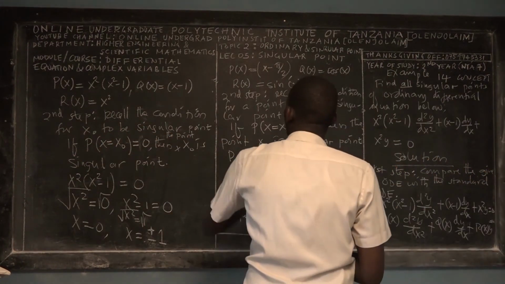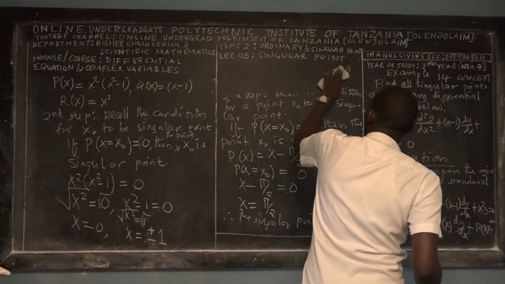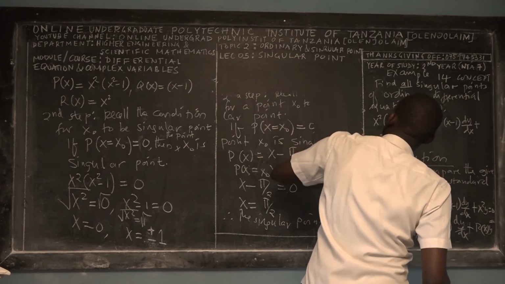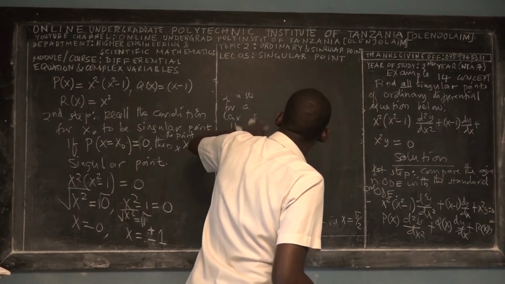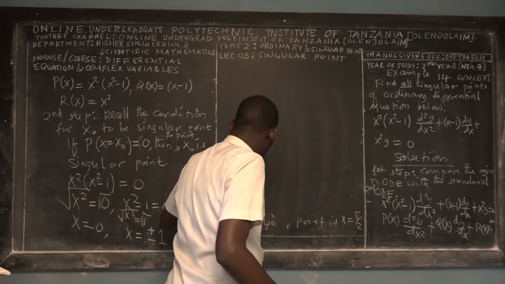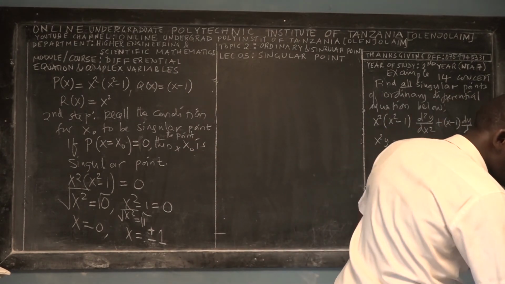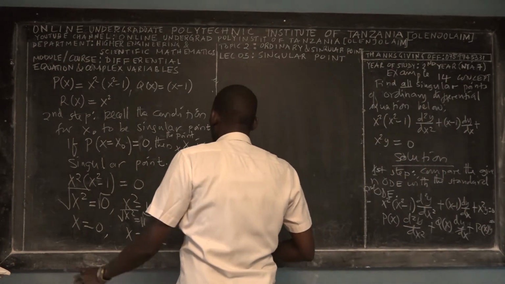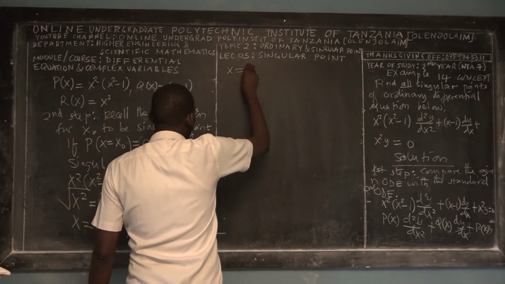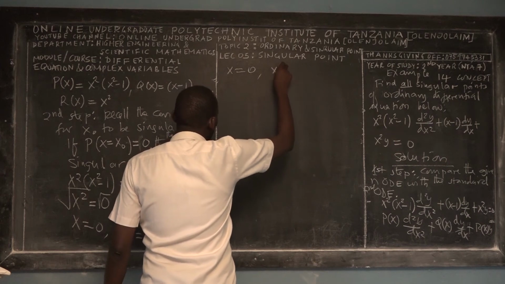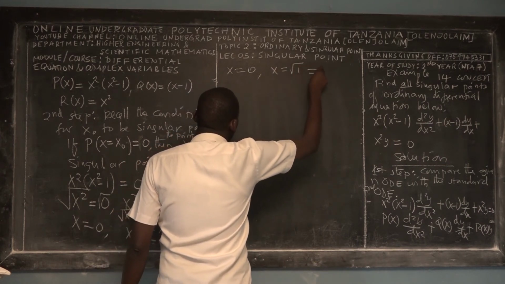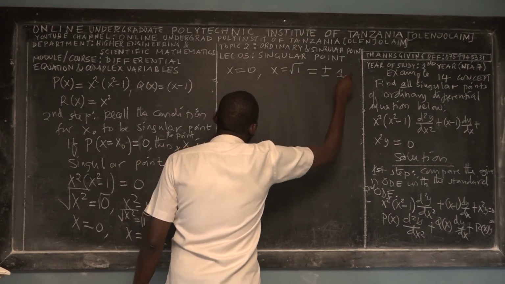So after solving, in this ordinary differential equation, which contains variable coefficients, how many singular points do we have? 3 singular points. The first one is x is equal to 0. The second one is x is equal to square root of 1, which is equal to plus or minus 1.